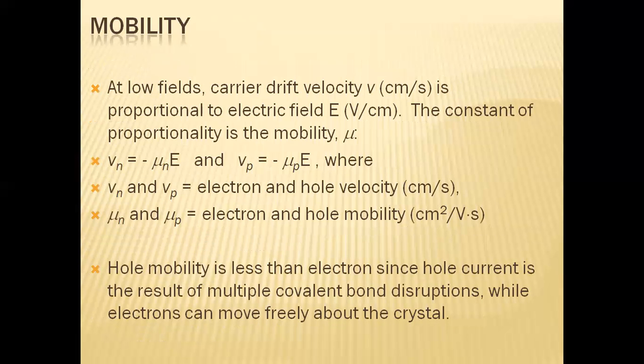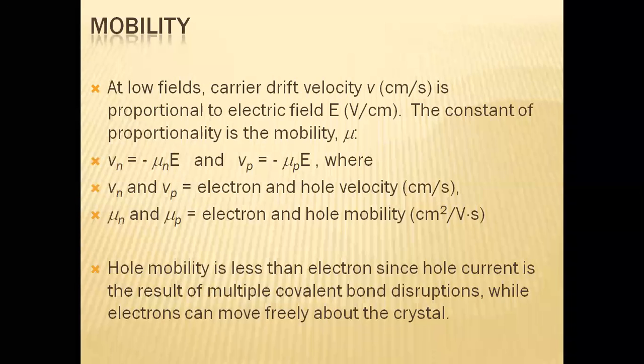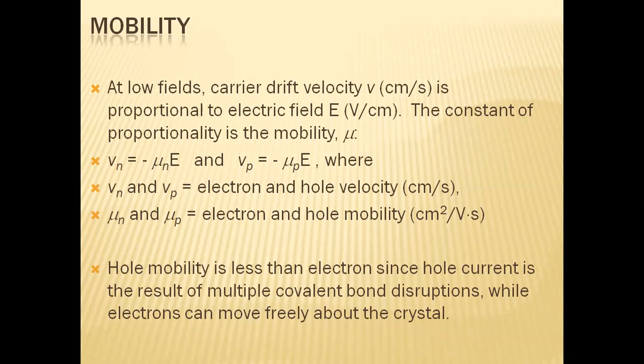Coming to the point of mobility, at low fields, carrier drift velocity is proportional to the electrical field. Mobility in the sense of how feasible or conductive it is with respect to the drift velocity generated at particular spots.